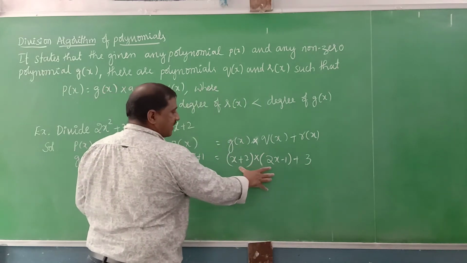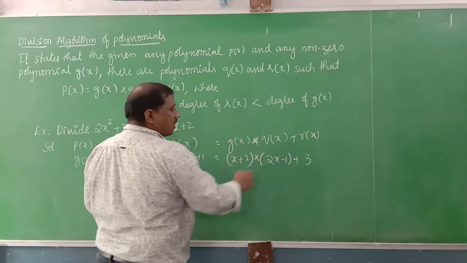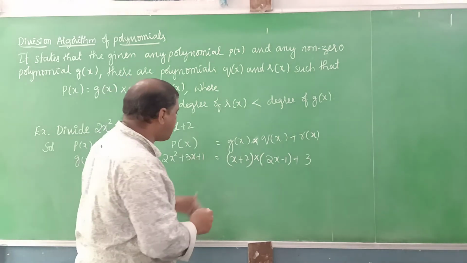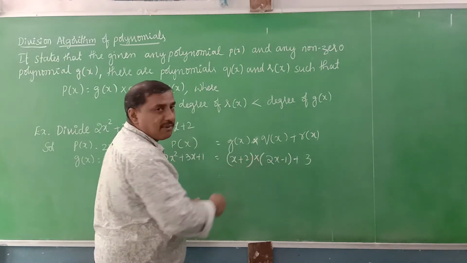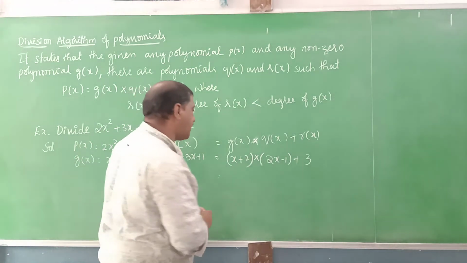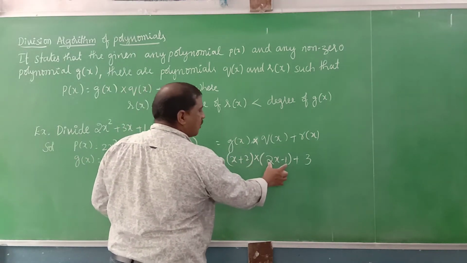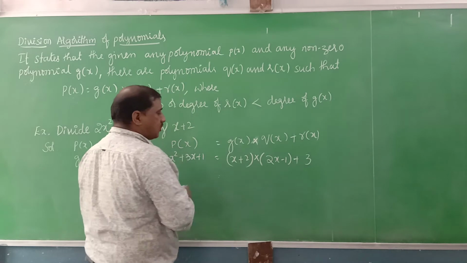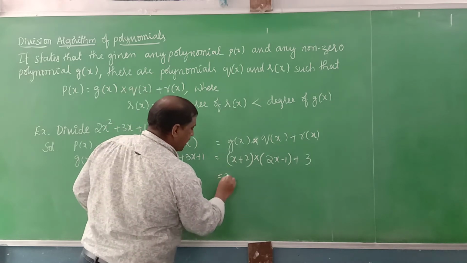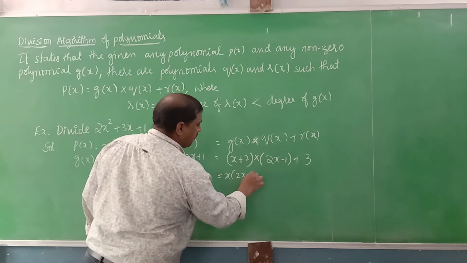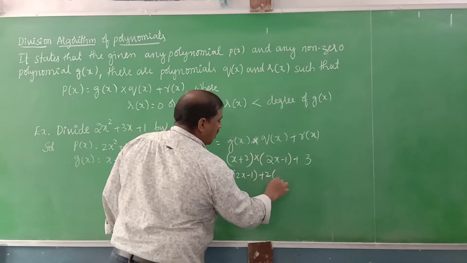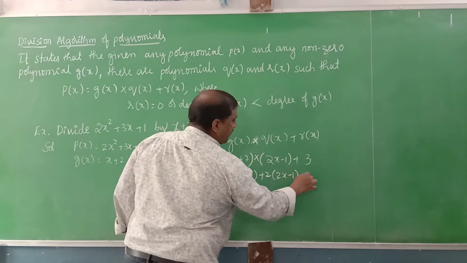Now what to do? Multiply these two, that is x plus 2 into 2x minus 1. How to multiply this? Binomial by a binomial, use the distributive property. So multiply the total 2x minus 1 with x, and then multiply the total 2x minus 1 with 2. Therefore it is x into 2x minus 1 plus 2 into 2x minus 1 plus 3.